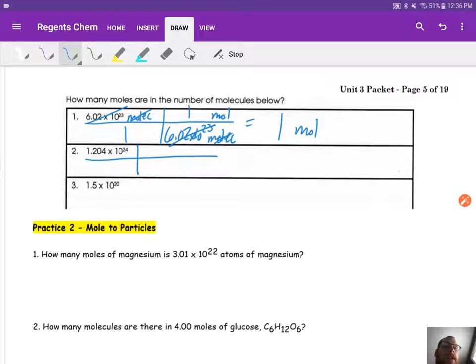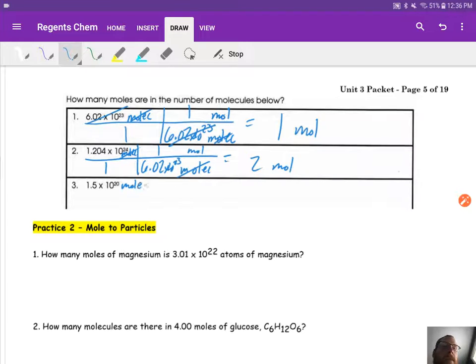Molecule is what we had to start. I forgot to write it in. Mole, so 1 mole, 6.02 times 10 to the 23rd. This is going to equal 2 moles when we do our math.